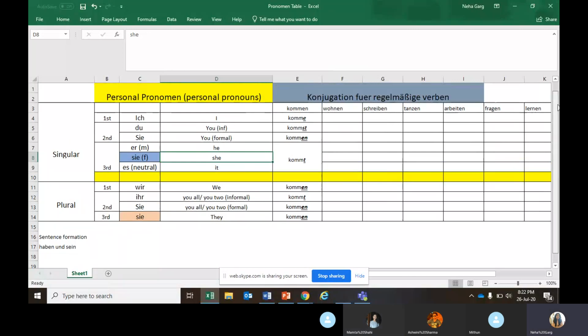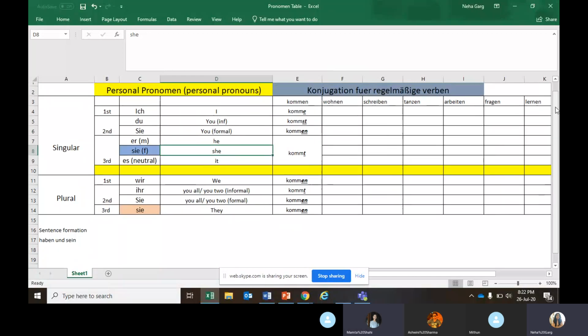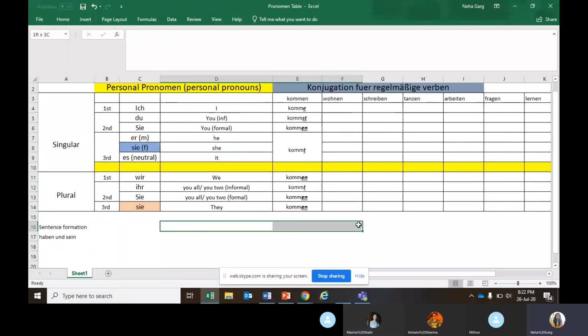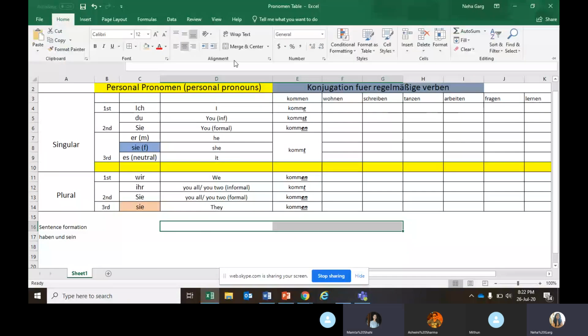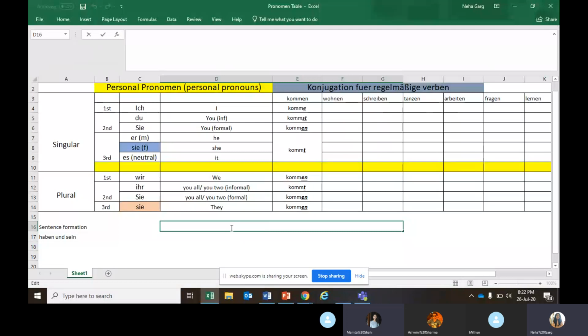So just to give an example, like in English, German also has the same rule. There is subject plus verb plus object. That is the basic rule for writing any sentence, right? So similarly, this is the same in German also.